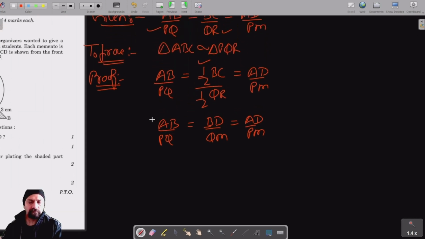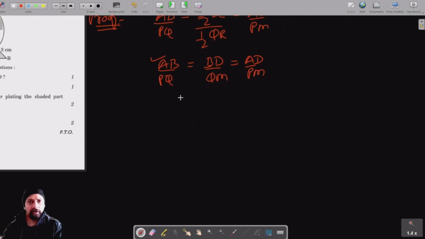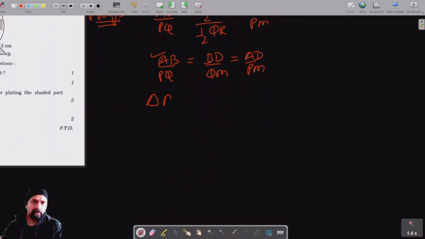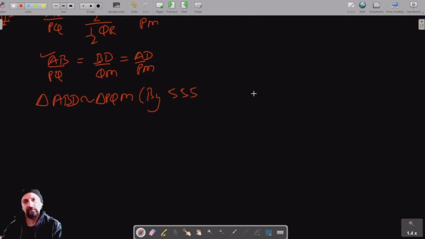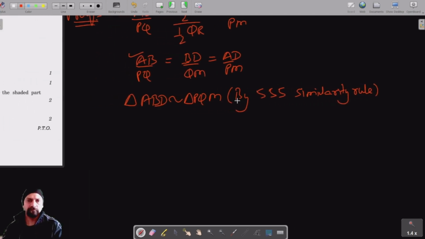Okay, now these sides are in triangle ABD and PQM. So triangle ABD is similar to triangle PQM by SSS similarity.